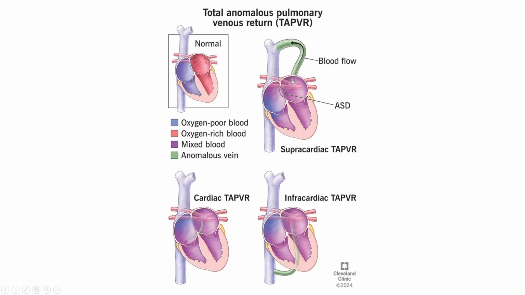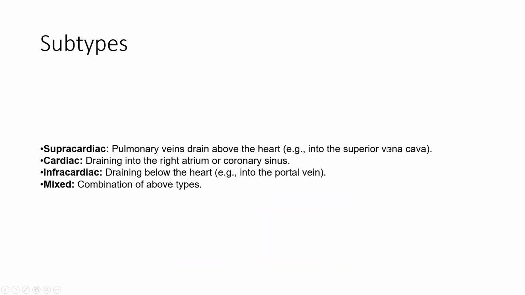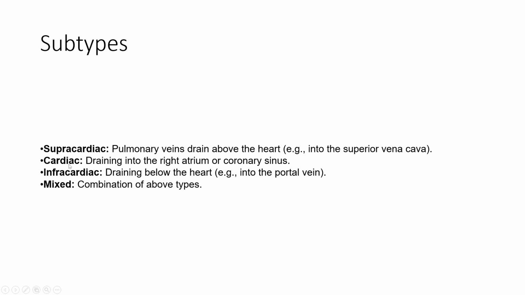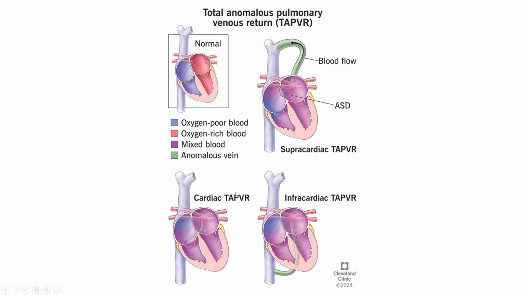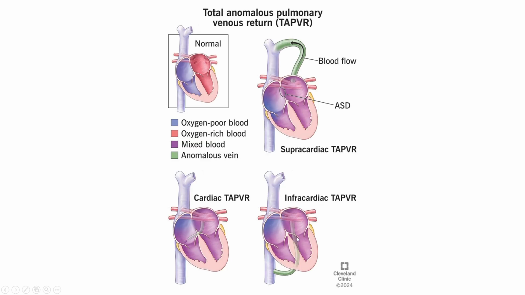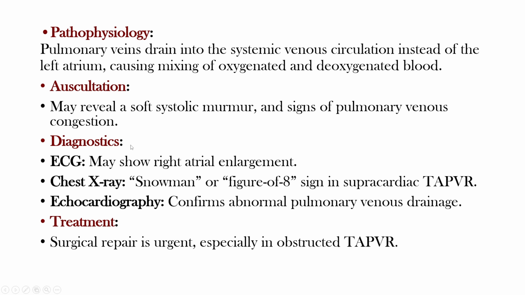Then this time we will have pulmonary veins that drain into the right atrium or coronary sinus, as we can see. Infracardiac drains to the portal vein, for example, or inferior vena cava, as we can see, it's also draining there.